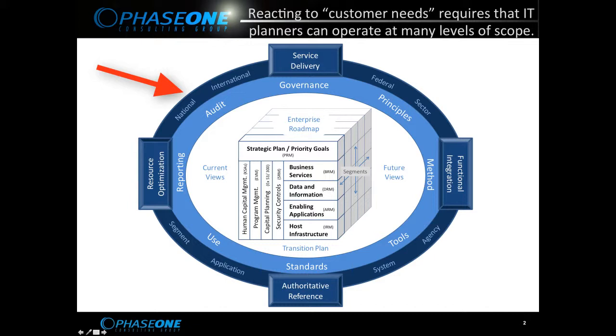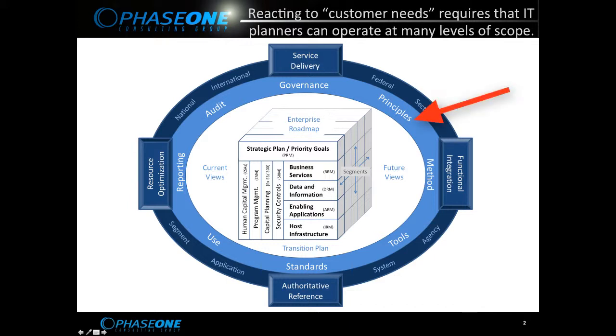And we have to be able to accommodate requirements coming in from our mission customers that are geared towards these levels of scope. And we have to be able to meet those needs with proper plans that are designed out for those levels of scope. What that means is that our component parts or our toolkit needs to include all the capabilities to operate at these layers of scope, or these levels of scope.